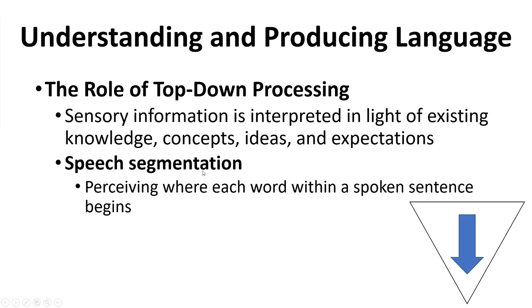So let's come up here and we can look at this. If you were saying concepts, ideas, and expectations, this "septs," all of those together, maybe you wouldn't expect to see an I immediately after that.